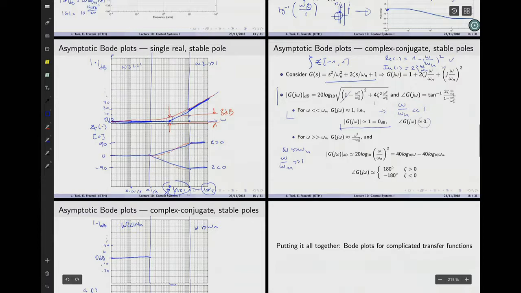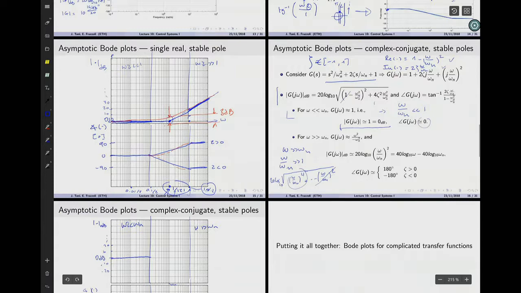So here we get, basically, for the magnitude, 20 log 10 of what? Of omega over omega n at the 4th power, plus something of the order of omega over omega n at the square. So if omega over omega n is a very big number, then this dominates. This term is negligible with respect to the 4th power.